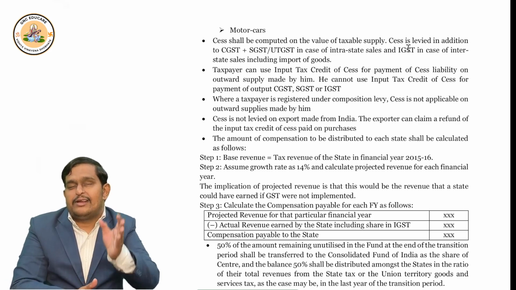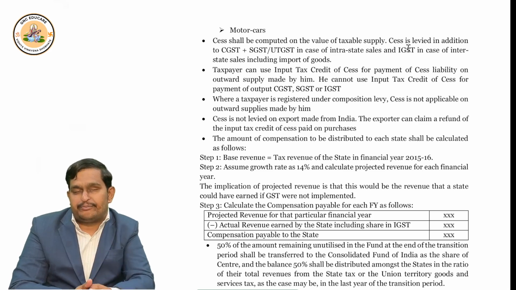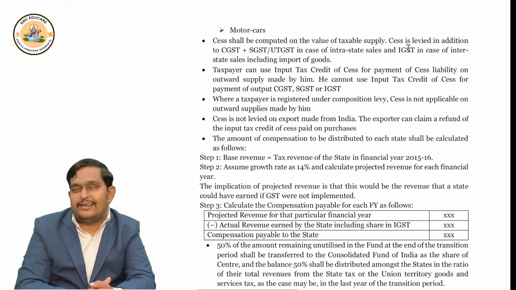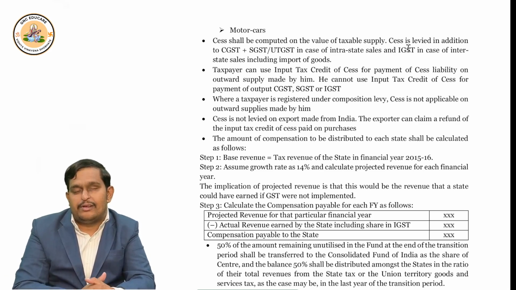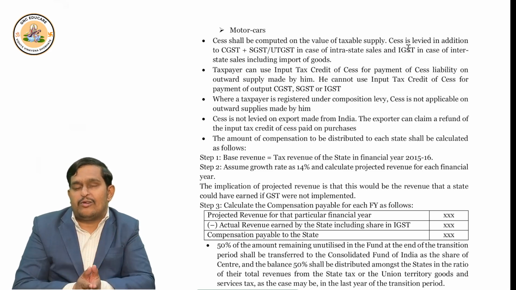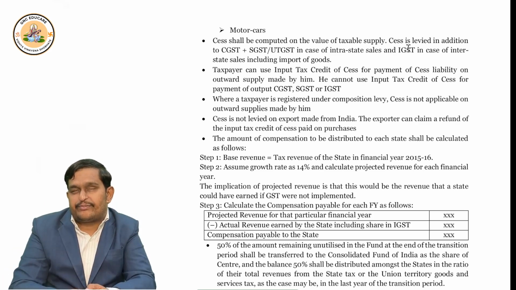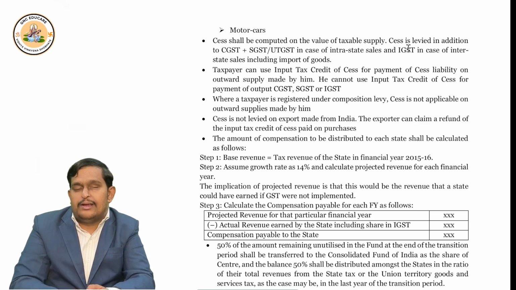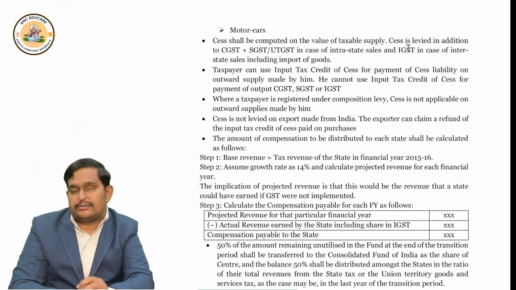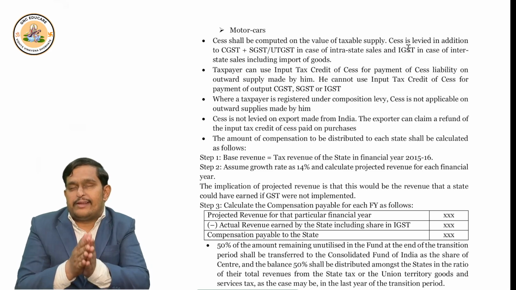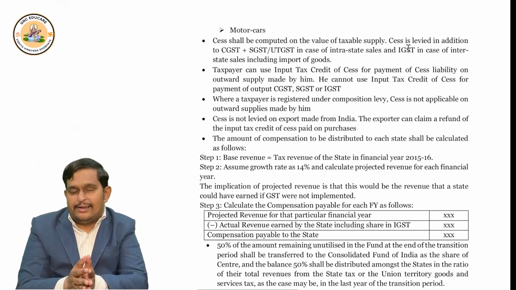In simple language, to the central government's fund, the central government's pocket. Is this easy? The balance 50% will be used by the central government to pay to the state governments. So this is how we should understand the GST compensation cess, right?